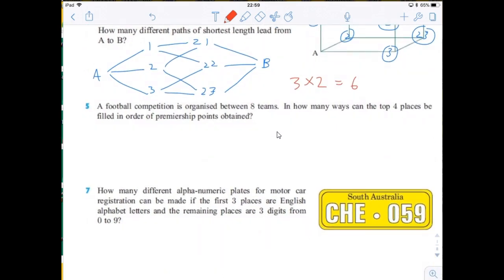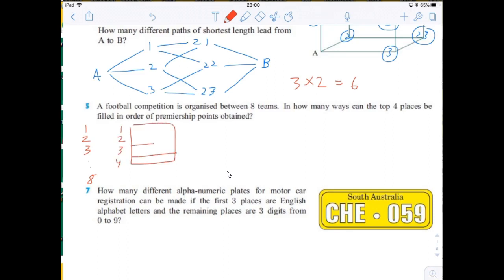Number 5. A football competition is organized between 8 teams. In how many ways can the top 4 places be filled in order of premiership points obtained? What that looks like is I have teams 1 through 8, and then I have 4 positions.